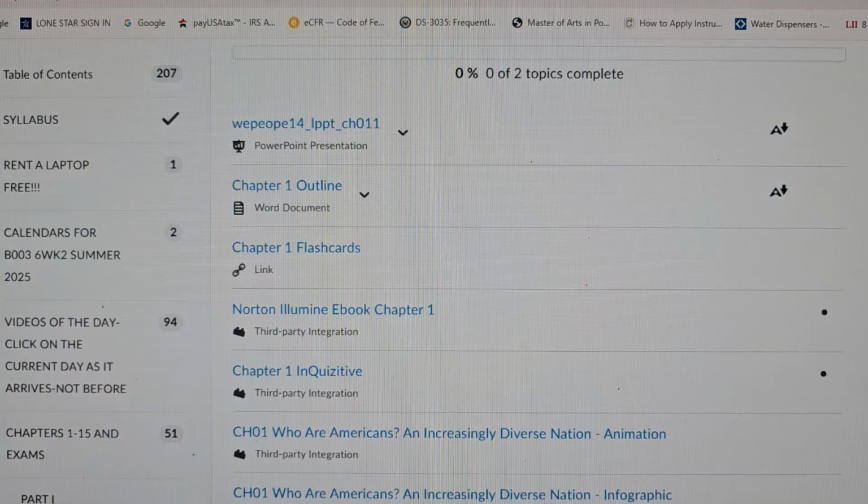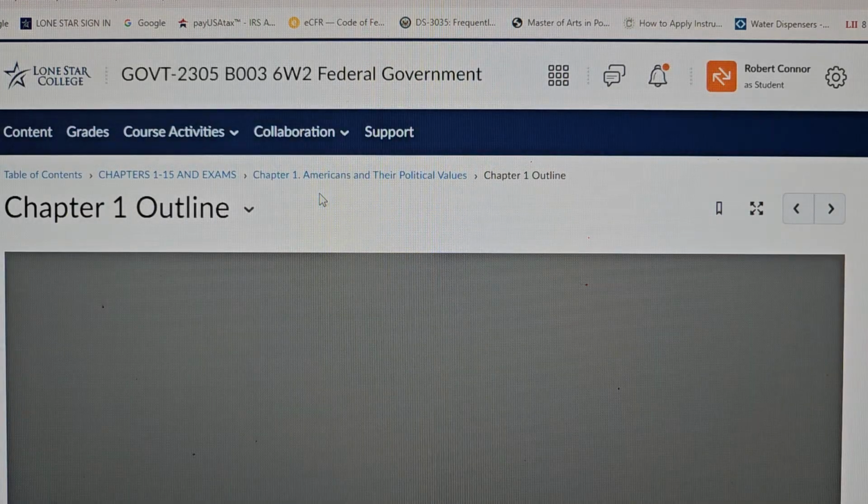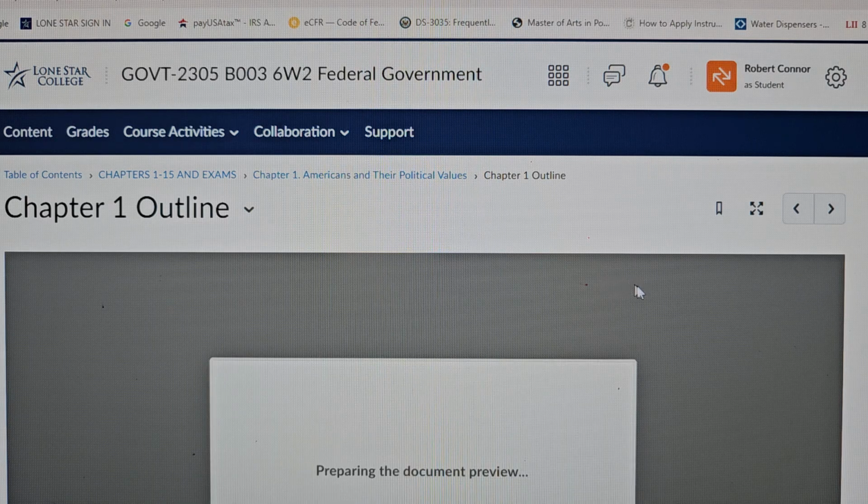Okay, then the next thing is you have an outline. They have made an outline for you of each chapter. You don't have to outline the chapter yourself. They have done it for you. And here again, yours won't open so slowly because this is the first time I've opened these.